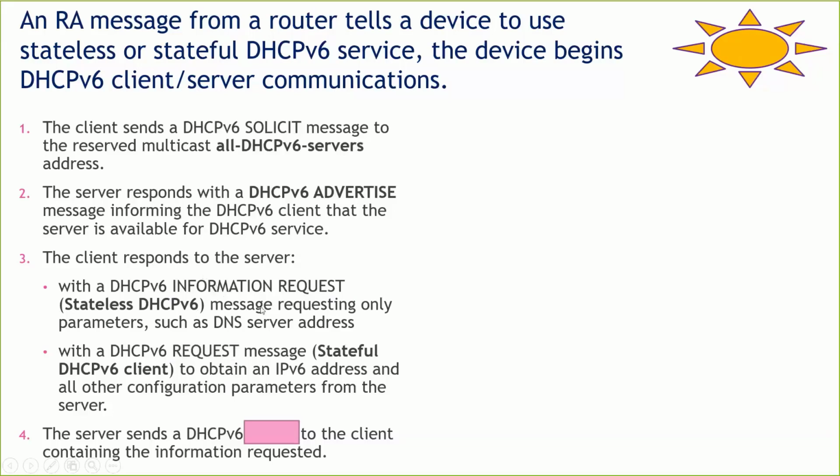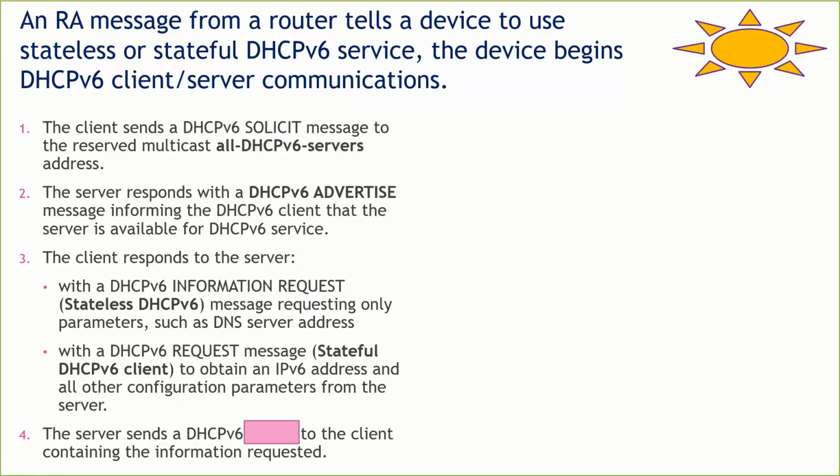Because with stateless, we're going to use the EUI 64 process. So that's why it's called an information request versus a straight up request. That's the only variation. Do I think that you will be challenged to know the difference? Probably not, hopefully not. Okay.